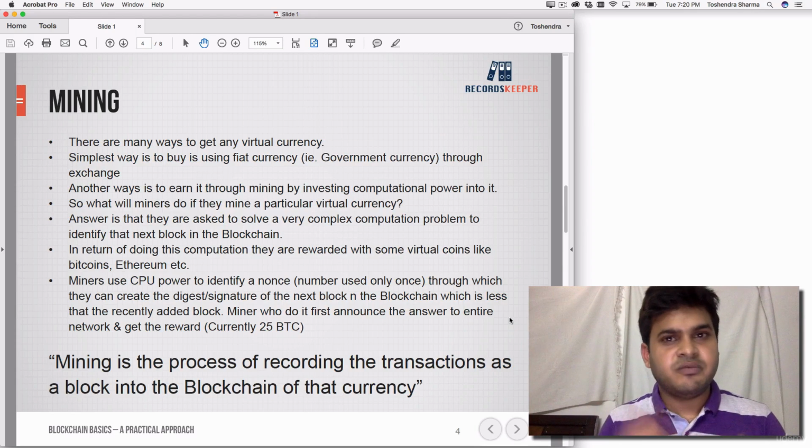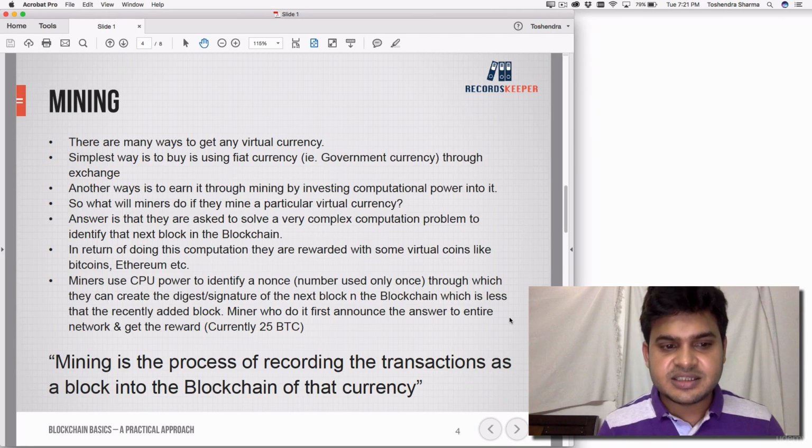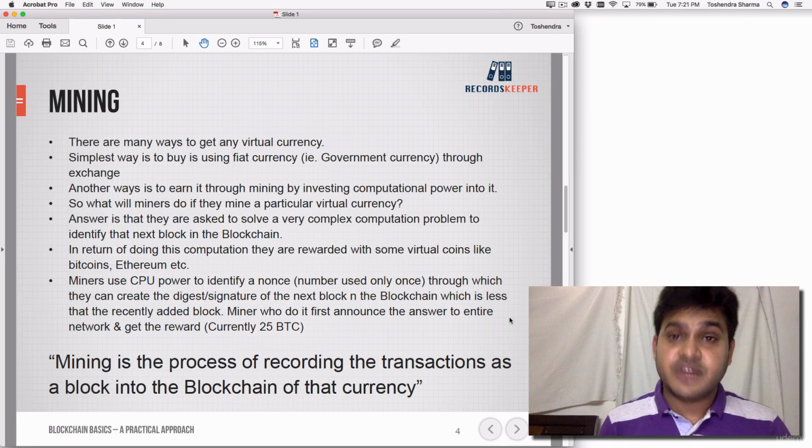They have to do so many hits and trials, and 100% of the CPU gets utilized in that process. That's why it's a computationally intensive process. It is intentionally made computationally intensive because it is required for the public blockchain to be difficult. Mining a new block should be very, very difficult. So mining is the process of recording the transactions as a block into the blockchain of that currency. It can be any currency.